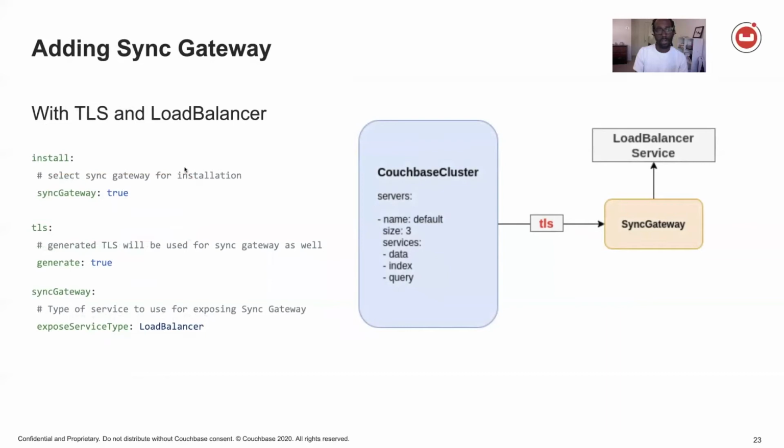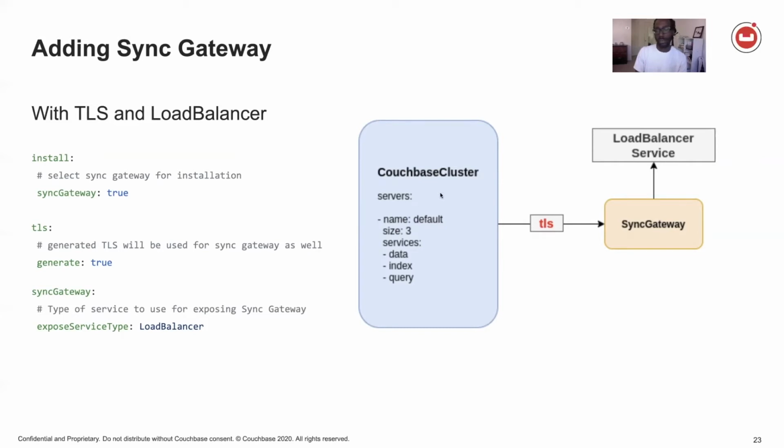Sync Gateway configuration. So here's an example of installing Sync Gateway. You enable Sync Gateway to true. Generate TLS, so the Couchbase cluster will have TLS, and it also will use TLS for Sync Gateway. One of the nice things about having everything in the chart is that Sync Gateway can be automatically configured to use the Couchbase cluster to generate its own certificates from whatever the CA was for the Couchbase cluster, and exposing it as a load balancer.